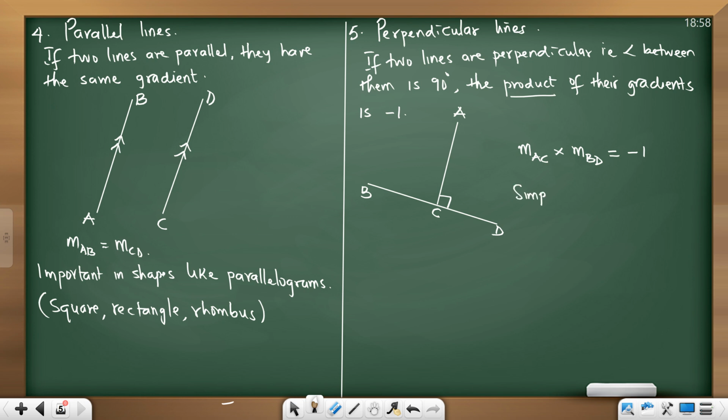A simple way of finding it is to change the sign and reciprocate the gradient of one to get the other one.